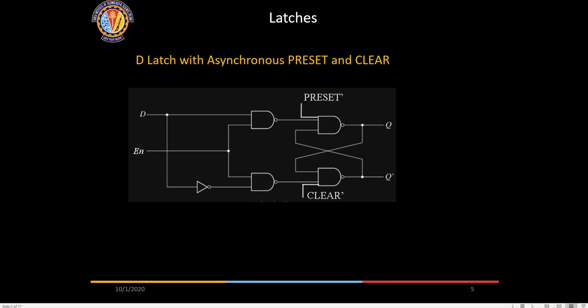Normally it should be VDD, just a constant high. So whenever we need to preset it for specific conditions, we'll just give a small 0 there for a short duration.